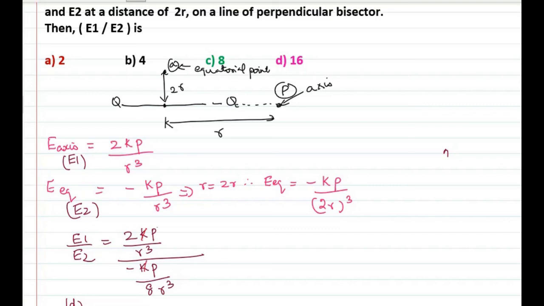K gets cancelled, p gets cancelled, r cube gets cancelled. So E1 by E2 is equal to 2 by 1 divided by minus 1 by 8. So 8 into 2 will get 16.